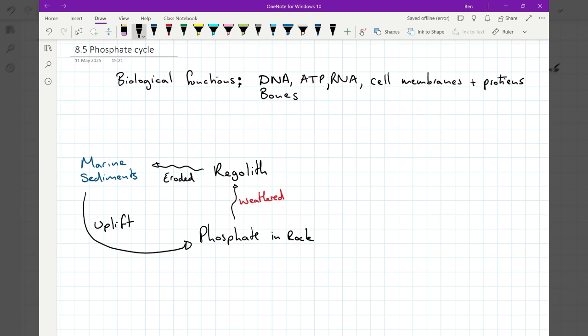Okay. The other way that it can be weathered is into the soil, or aquatic habitats, where it can then be absorbed by plants up through their roots.